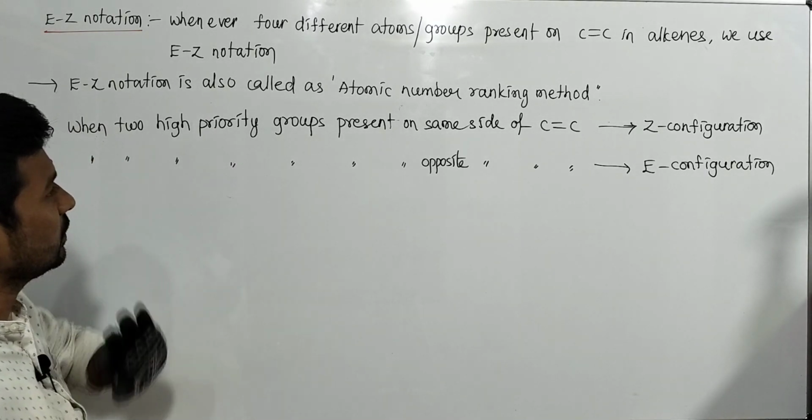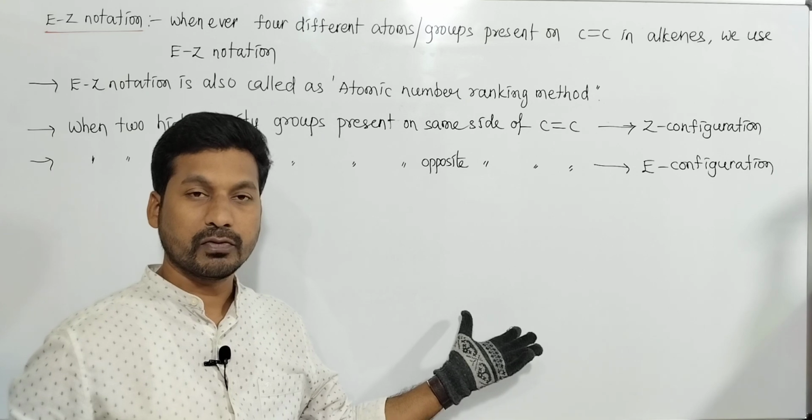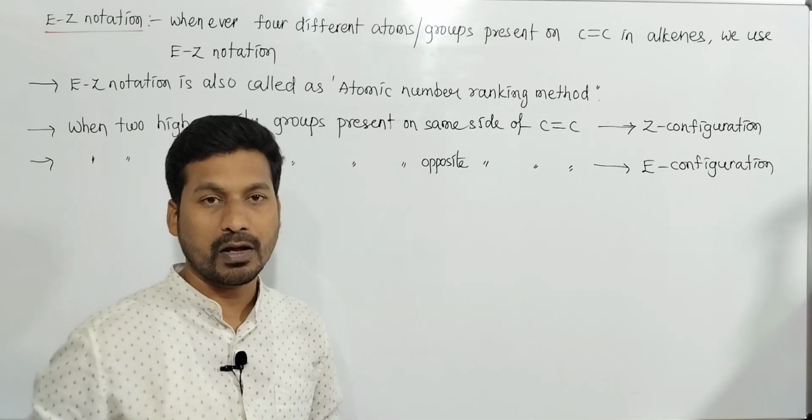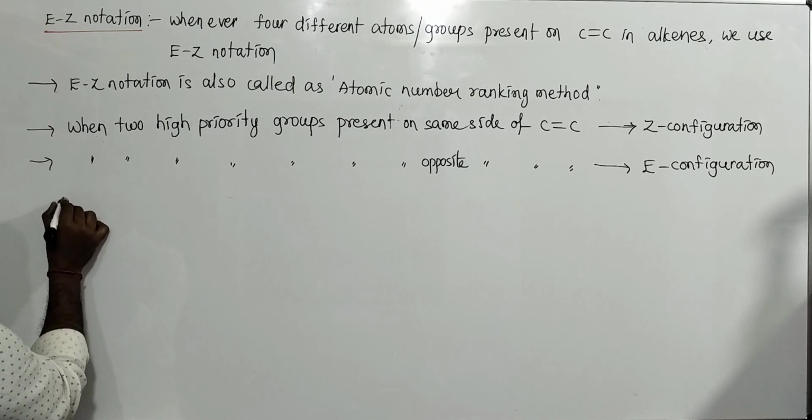Now, how to select high priority groups among the four groups, four atoms present on the 2 sp2 carbons? So that is selection rules.